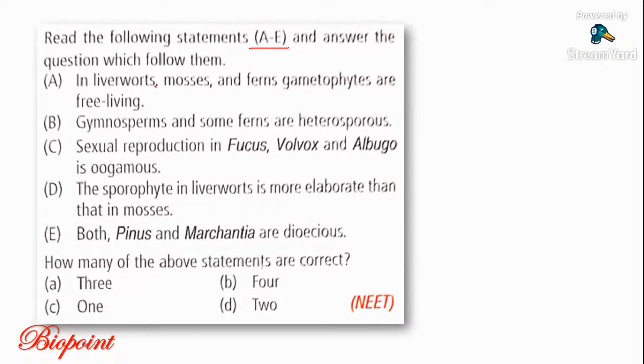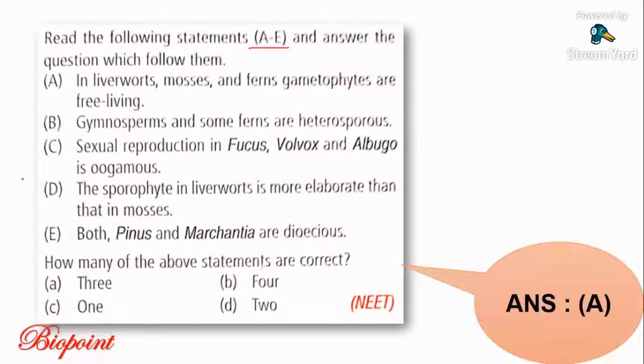Gymnosperm ferns are heterosporous. Sexual reproduction in Fucus, Volvox, and Albugo is oogamous. The sporophyte in liverworts is more elaborate than in mosses. Yes, I am revealing the correct answer for the question as option A. Three of the above four statements are correct.